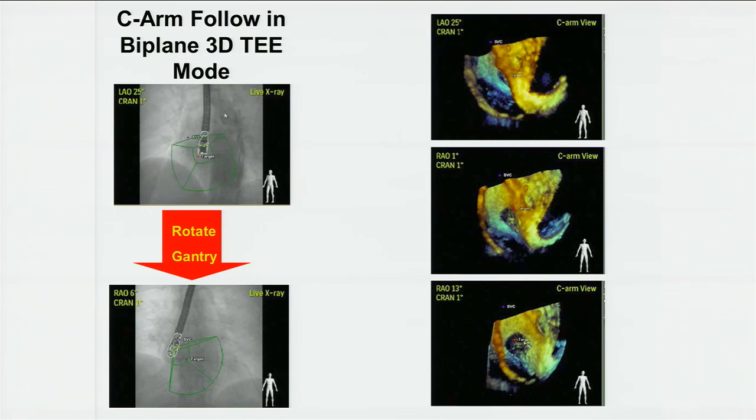So this is a view of the intra-atrial septum, and here's the X-ray view, going from LAO 25 to RAO 6. What is the parallel ultrasound view that corresponds to that X-ray? And we can see here the intra-atrial septum.